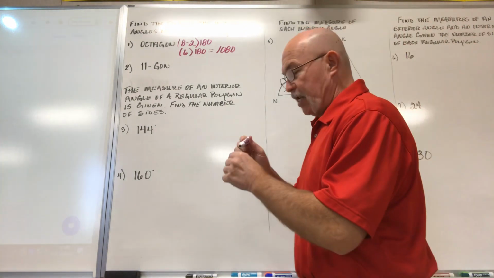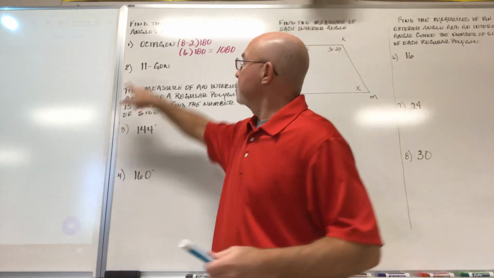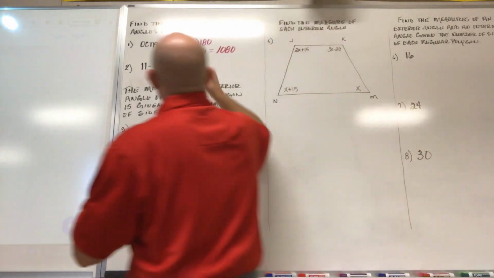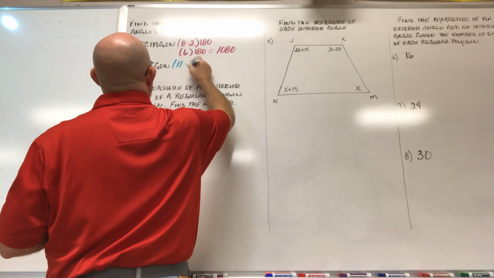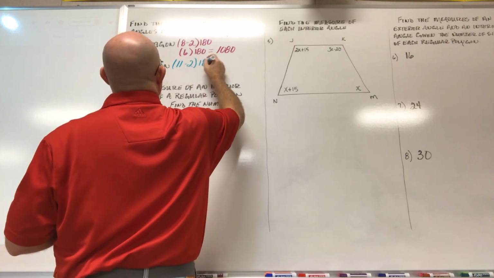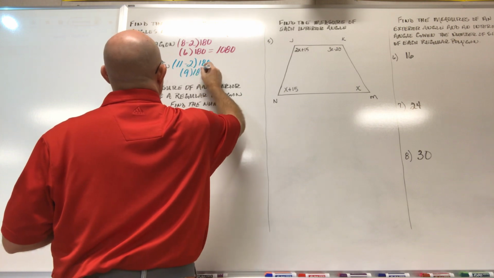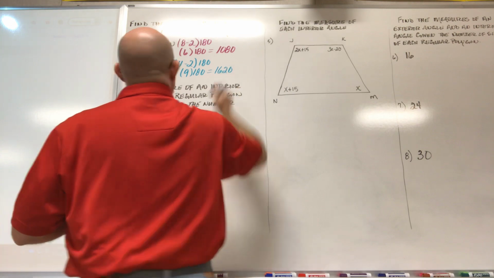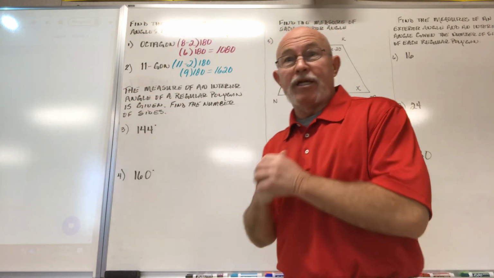Now we've got an 11-gon. That's where the n is. The n is the placeholder for 11. So, 11 is our n. That's it. Okay, that's what we're dealing with.